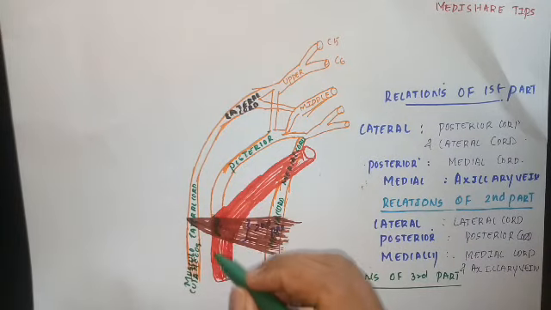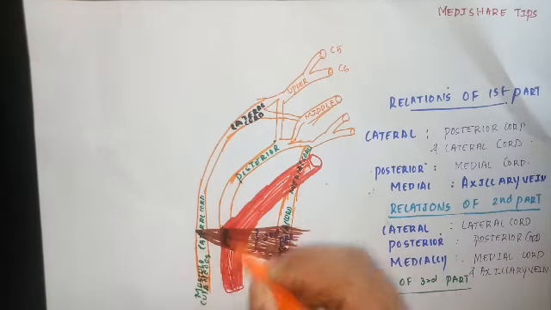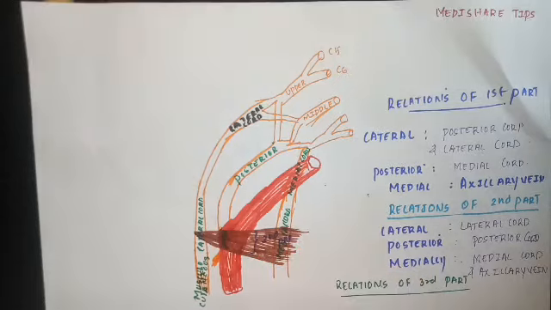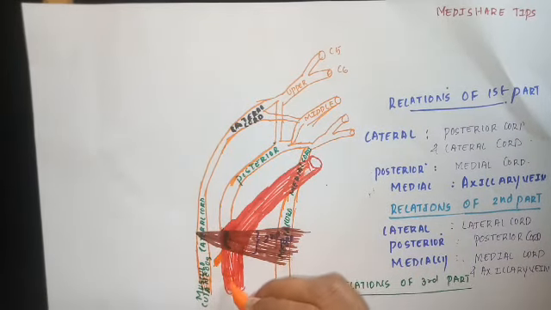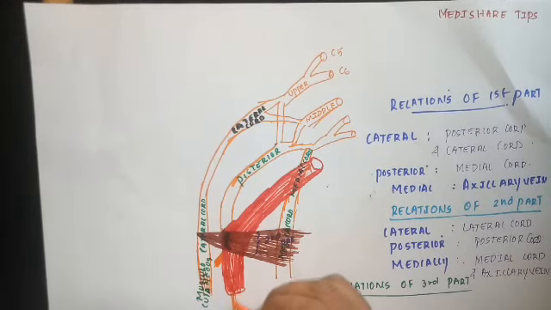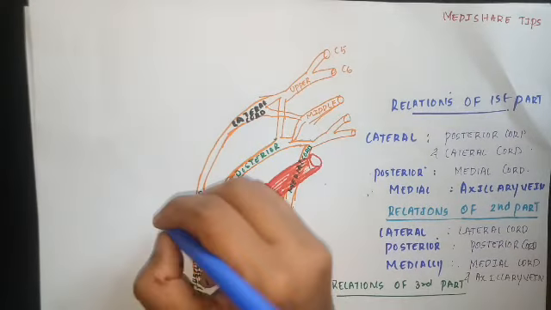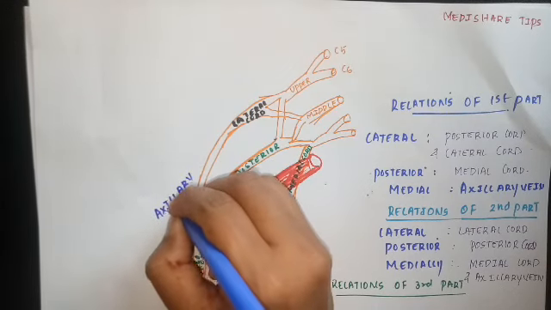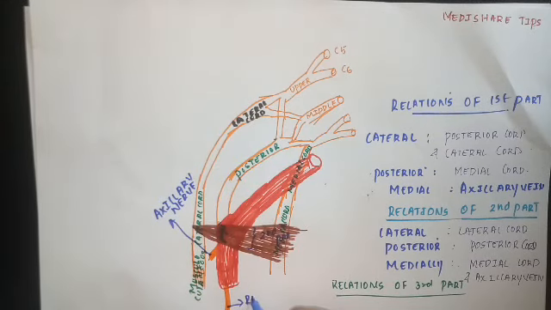And there are another two branches related posterior to the third part. These are branches of posterior cord, which include the axillary nerve and the largest branch of posterior cord, that is the radial nerve.